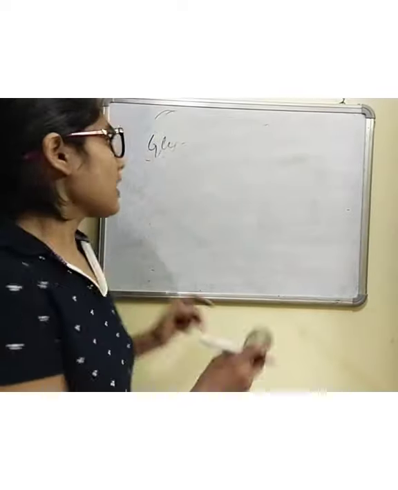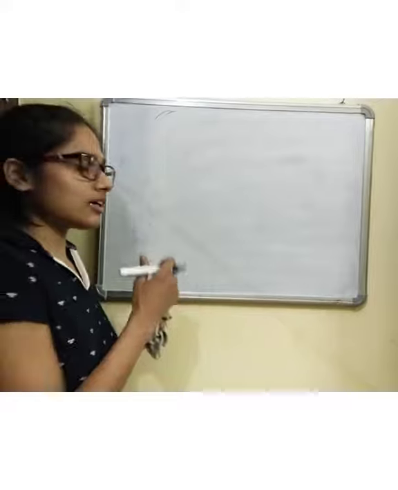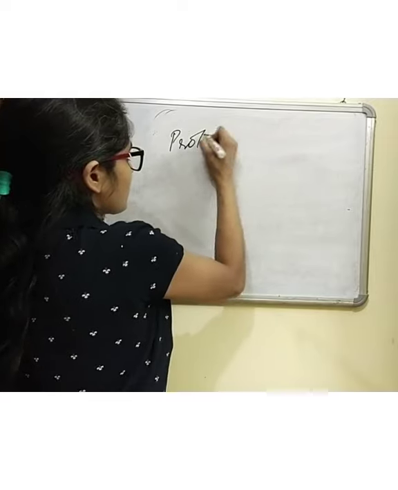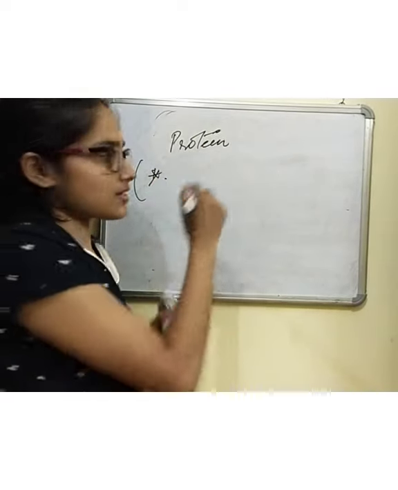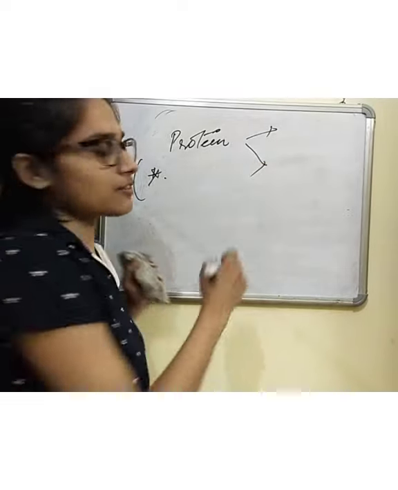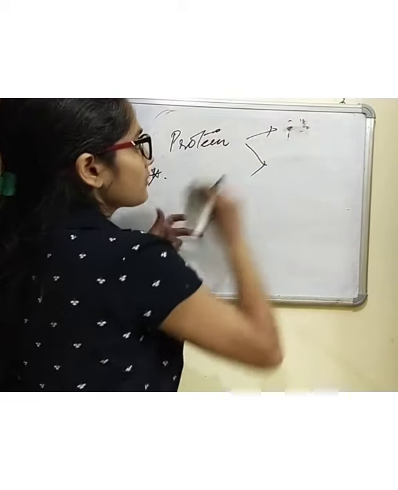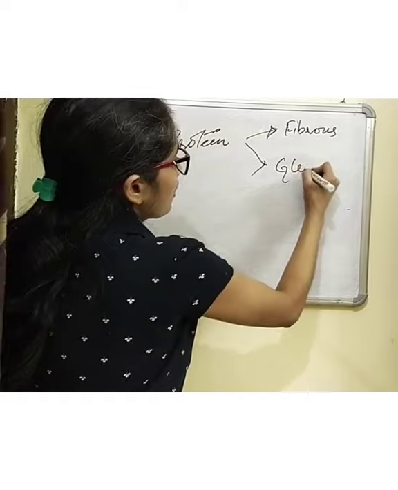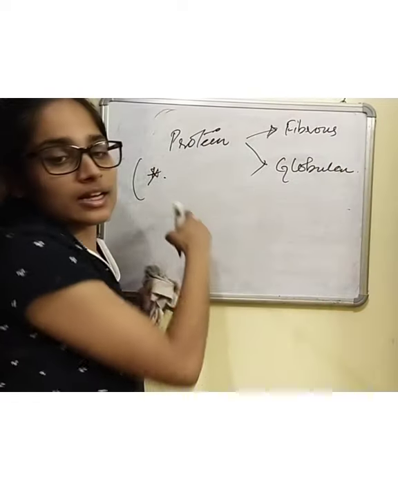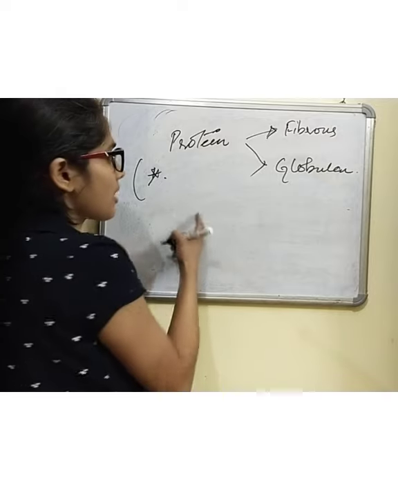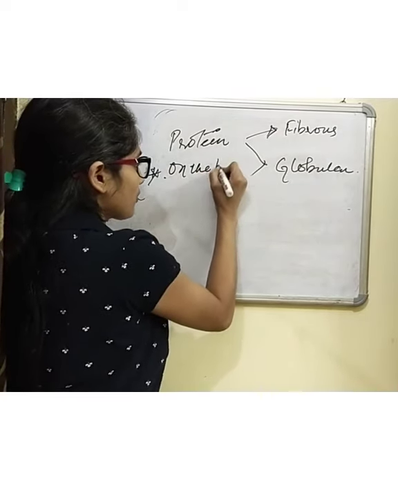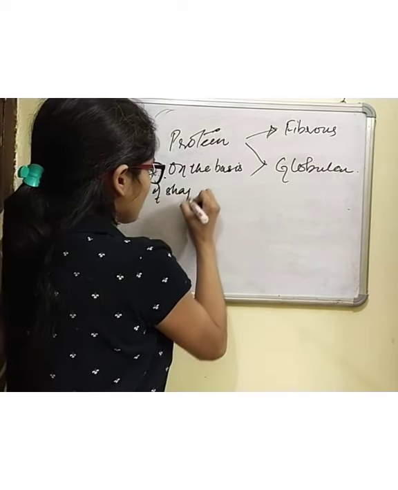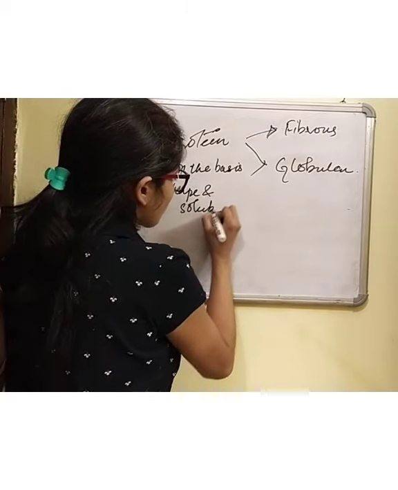Now the next criteria for classifying proteins is shape and solubility.